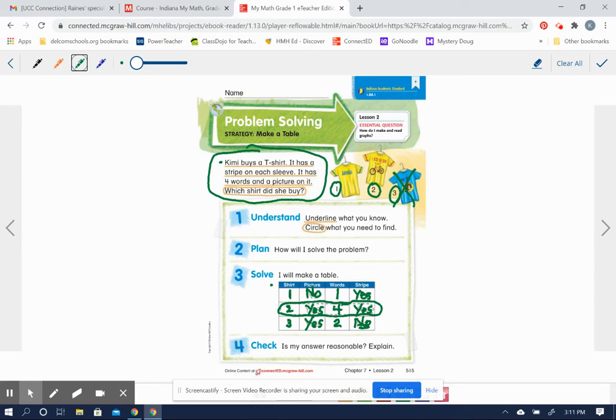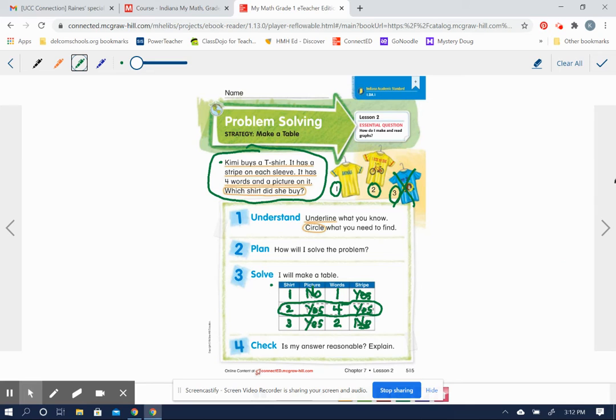And then just to make sure, we also want to know, let's see. Oh, I skipped this one up here. It has a stripe on the sleeves. Oh no, I did that one. And here it is, a picture on it. Number 1 does not have a picture on it, but number 2, yes.